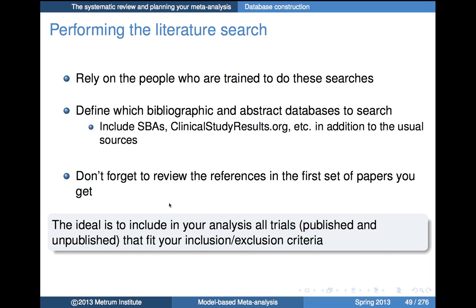And just as a little tip, oftentimes you'll do a search and come up with a paper or a list of papers. Always review the references in those papers because you'll invariably find other relevant studies to include in your analysis. But ultimately, our goal here is to include all of the trials, both published and unpublished, that fit those inclusion-exclusion criteria.